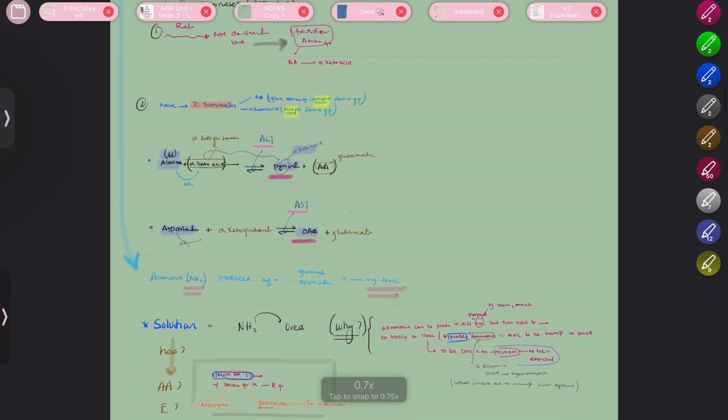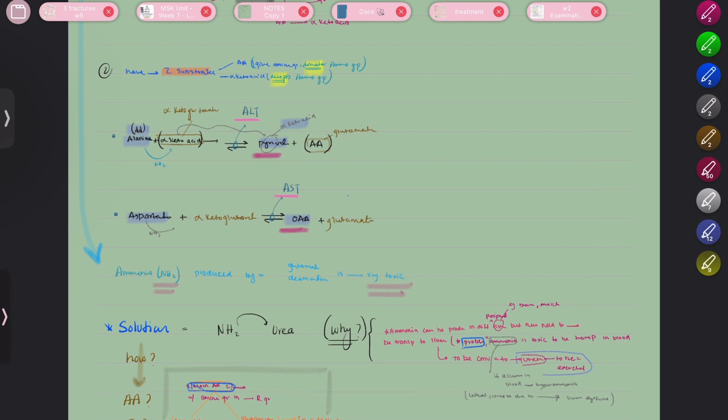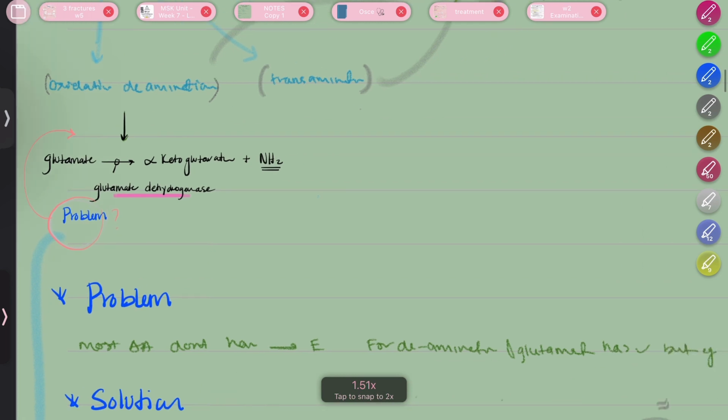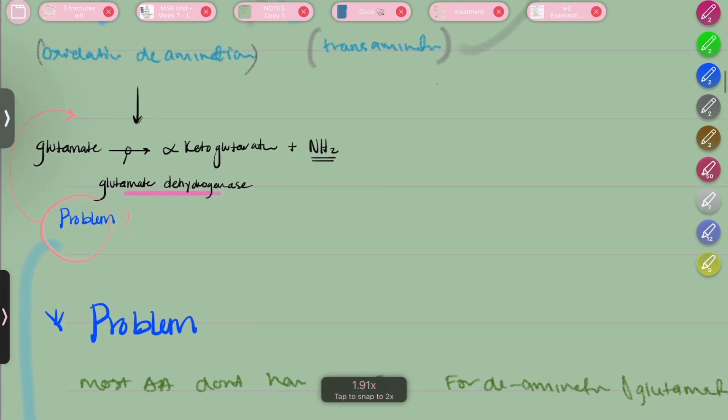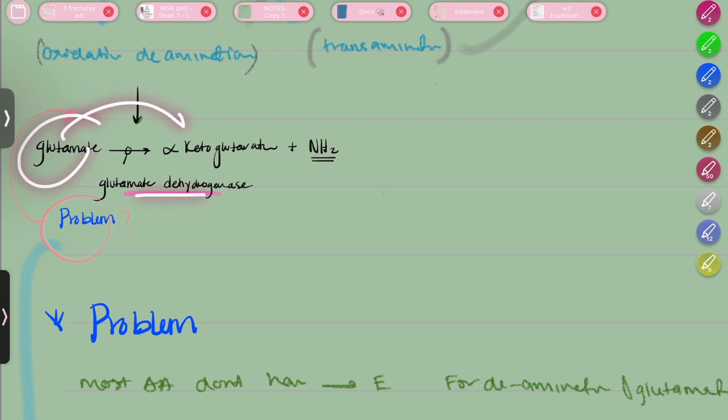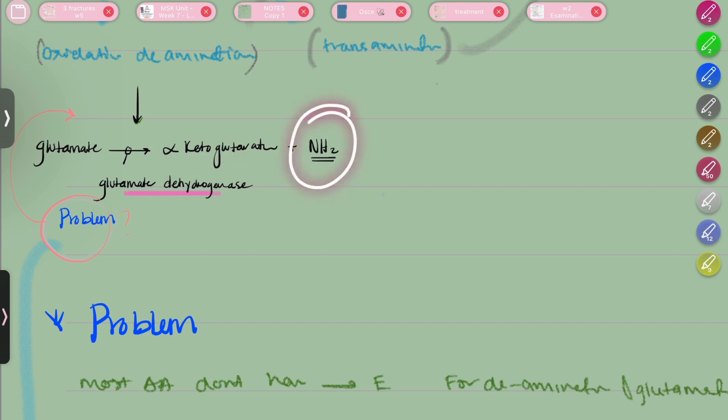So now we have discussed this major topic, which is the deamination of the glutamate, alanine, and aspartate, which go through two different pathways. Now, if we go back to our problem that we discussed initially, which is the deamination of glutamate, we mentioned that glutamate, once it's deaminated by the glutamate dehydrogenase, gives us our target, which is the alpha keto glutarate plus ammonia.